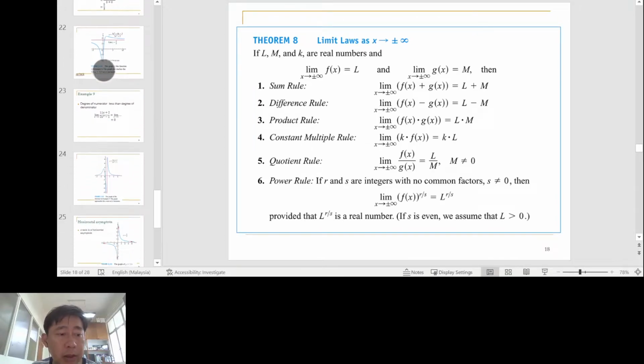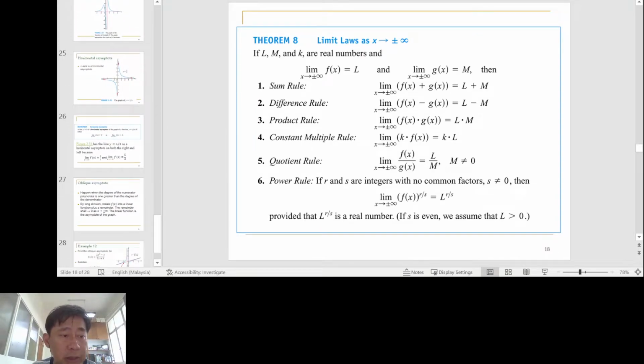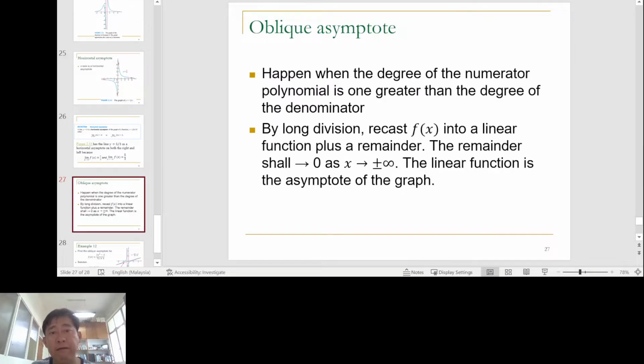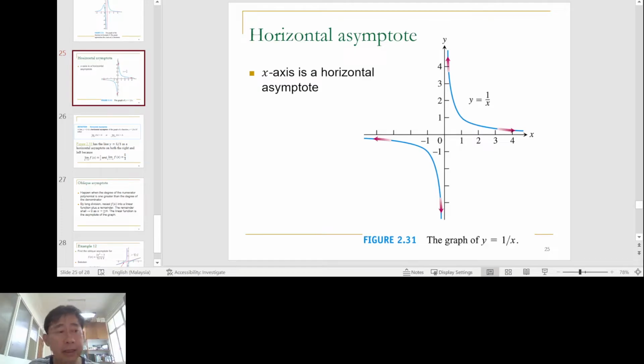So here we are going to continue with the definition of an oblique asymptote. This is a generalization of the horizontal asymptote that was discussed in the previous video.